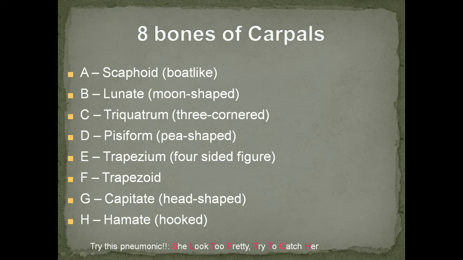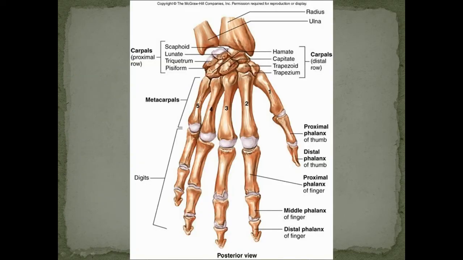These are the 8 bones, and every bone is different in shape from the others. Here we see the picture of the carpal bones, arranged in two layers, very different from each other.